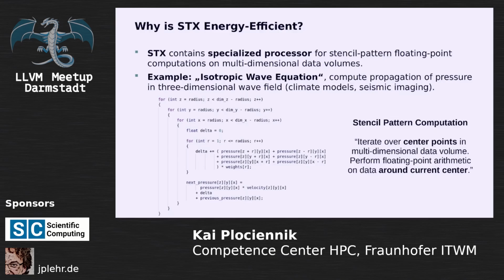So you load data from the pressure wave field based on the center point z, y, x, but also increase z by r or decrease z by r, and you have a star-shaped stencil from which you read floating point values around the current center point, do arithmetic, and then write back the data. That's a typical example of stencil pattern computations.